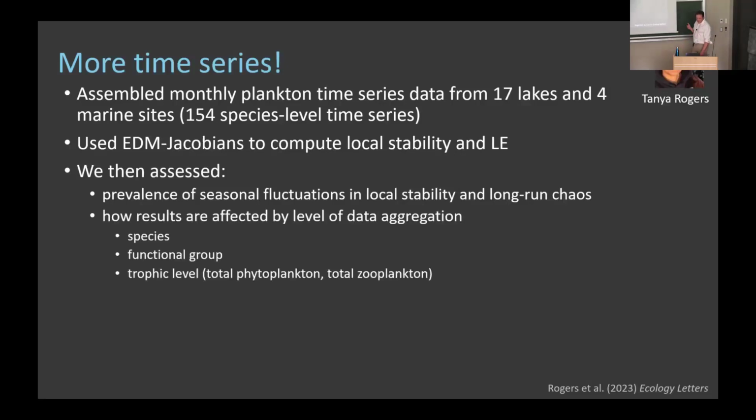And then we asked how these results are affected by the level of data aggregation: individual species level time series aggregated to functional groups, and then to trophic levels, which trophic level here is not really true. Phytoplankton and zooplankton, right? Or so I'm told.